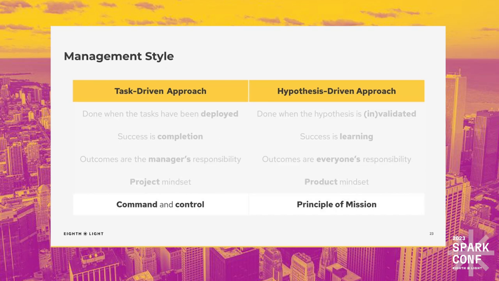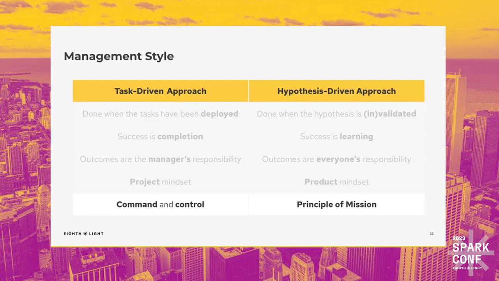Management style. We've got a command and control style on the left, where we're defining and passing on the work. This style of management stems from manufacturing, where we were optimizing for producing identical physical goods.